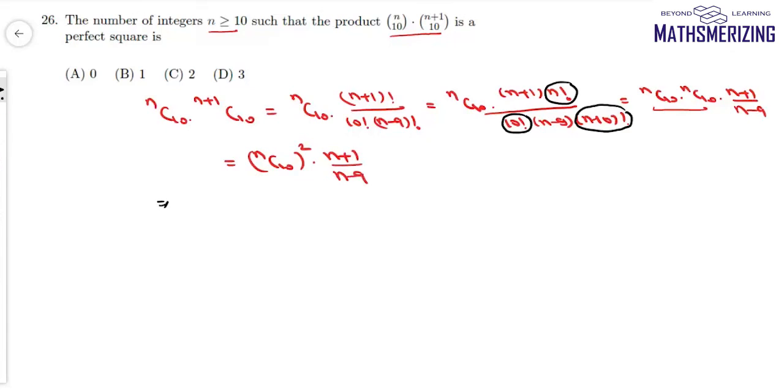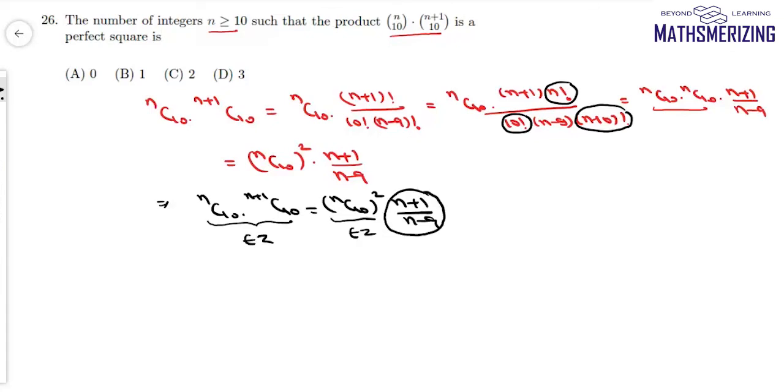So now we can say that this product nC10 into n plus 1 C10 is equal to nC10 whole square into n plus 1 upon n minus 9. Now the product of binomial coefficients is an integer. N plus 1 upon n minus 9 may be a fraction where the denominator part gets cancelled by nC10 square. So we cannot assume n plus 1 upon n minus 9 as some k square.